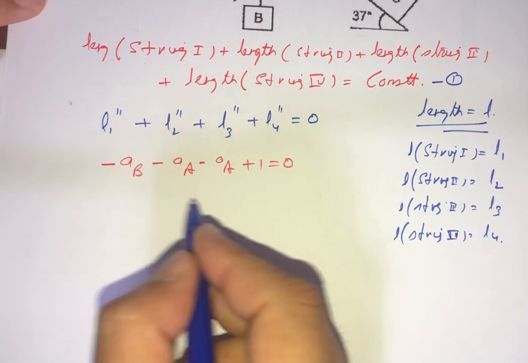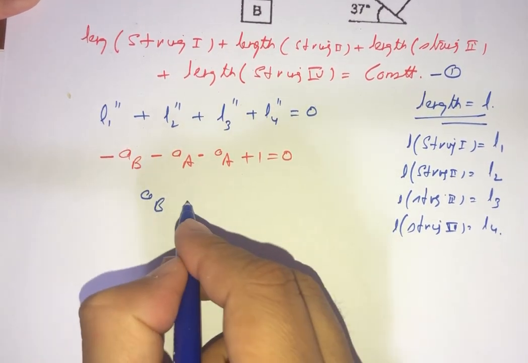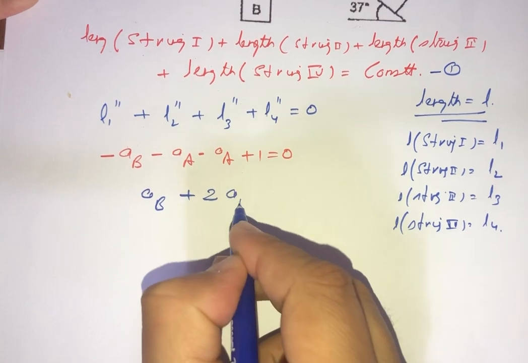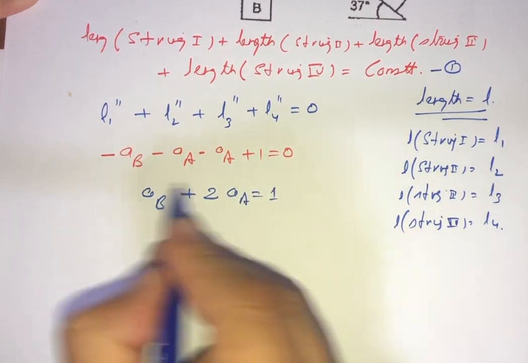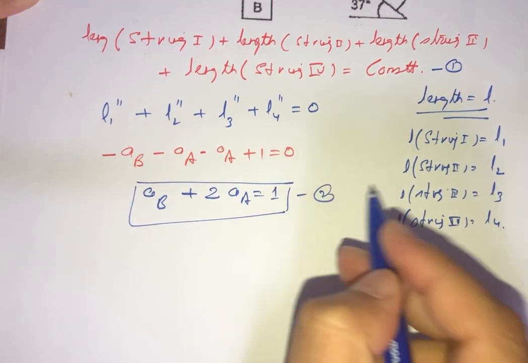From here we can write that acceleration of B plus twice acceleration of A is equal to 1. Let this be equation number 2.